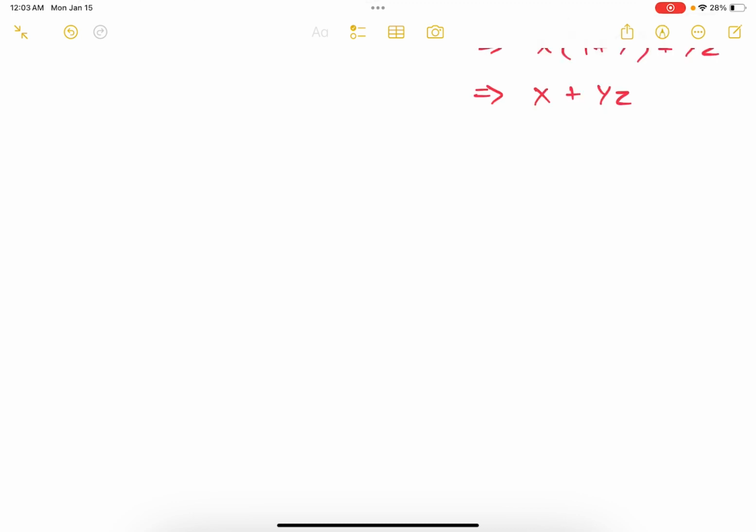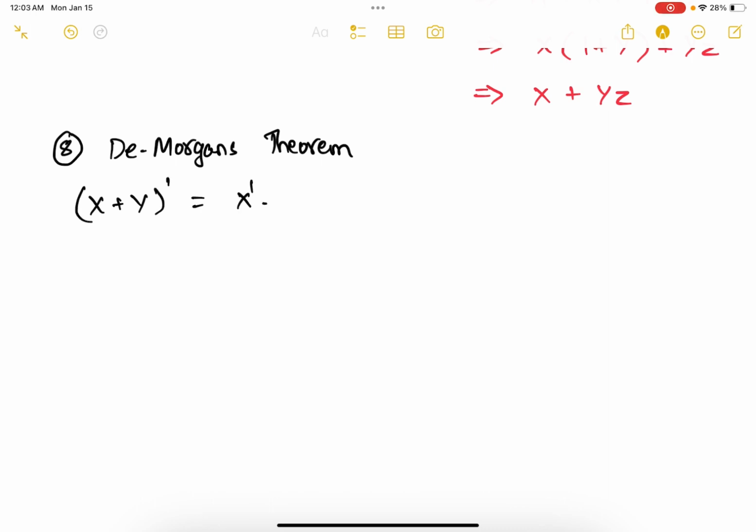We have already looked at De Morgan's theorem, which is basically (x or y) whole prime is equivalent to x prime and y prime, and the dual is (xy) the whole prime is equivalent to x prime or y prime. And finally, we have the consensus theorem.